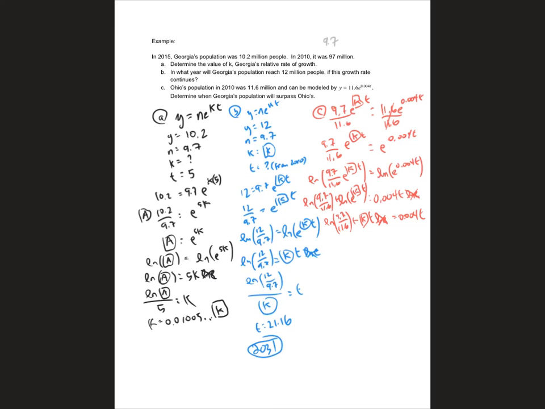All right, so part C. This doesn't have a t in it, so I'm going to leave it on this side. 9.7 divided by 11.6. And I really could have done 9.7 divided by 11.6 and stored that. That probably would have made the work prettier. And I'm going to move the kt to the other side.